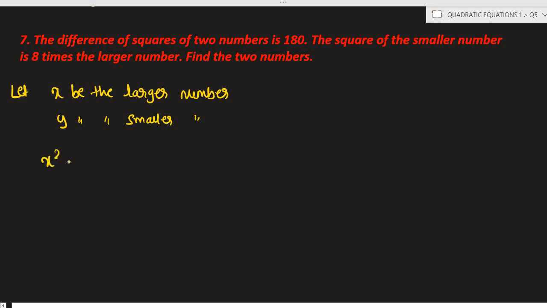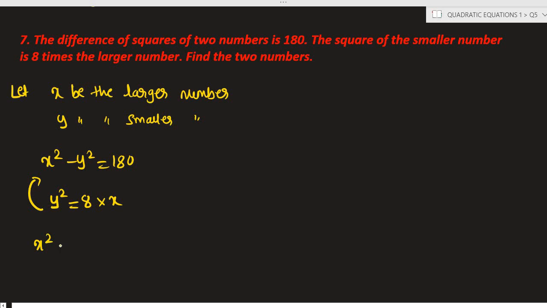Let x be the larger number and y be the smaller number. What he had given? The difference between the squares of the two numbers, x square minus y square is equal to 180, and also the square of the smaller number is equal to 8 times the larger number.